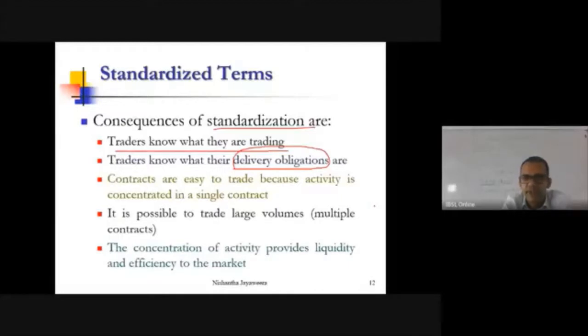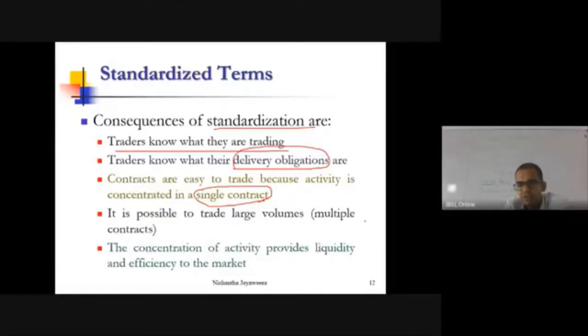Then it is easy to trade because activity is concentrated in a single contract. Once you know the contract, you know everything about the contracts. So what you have to do is trade the contract. It is very easy. And because of liquidity and the way that it is set up, it is possible to trade large volumes.